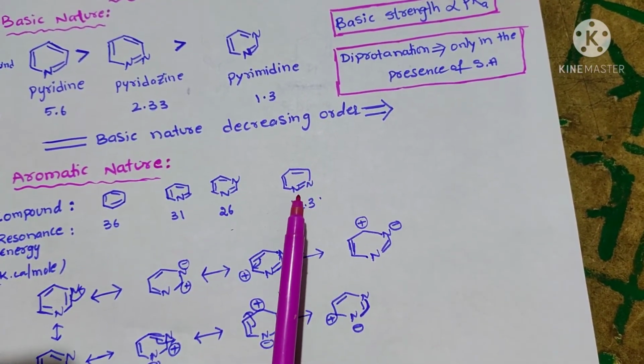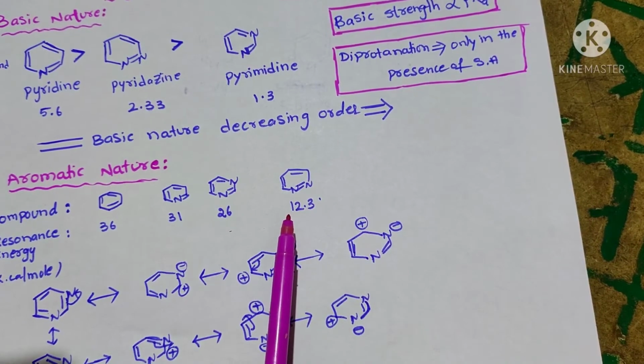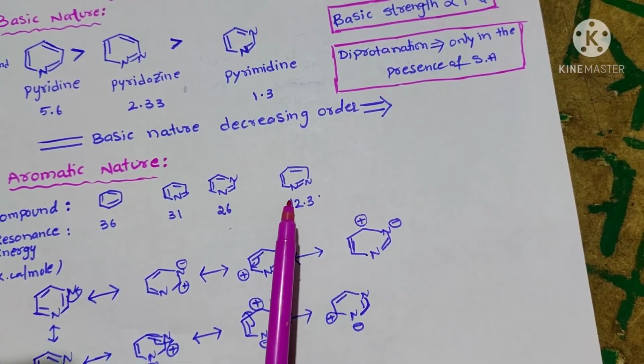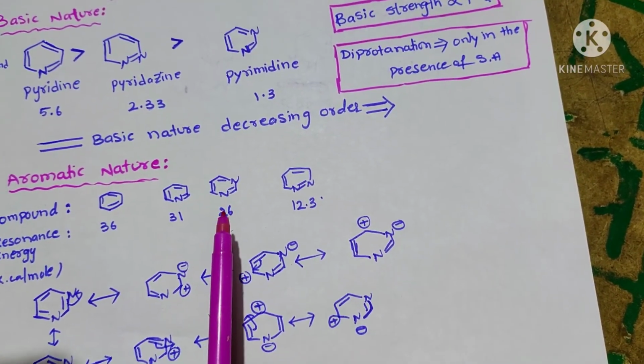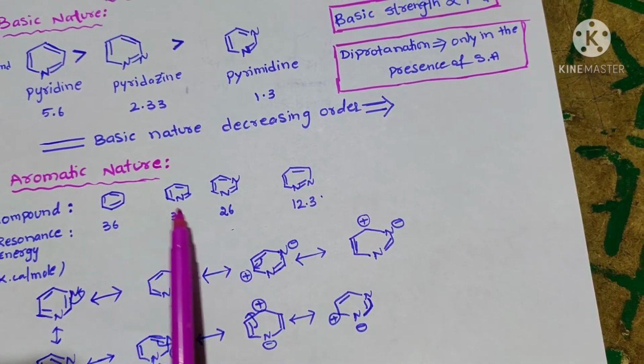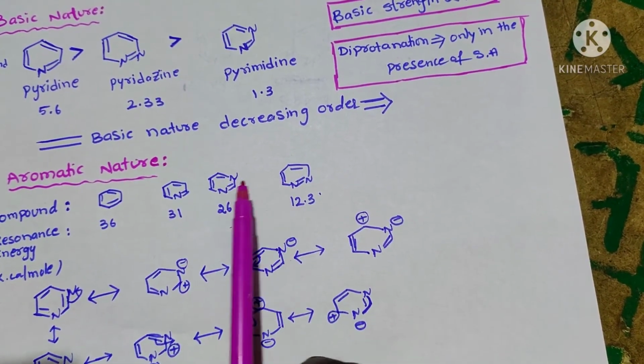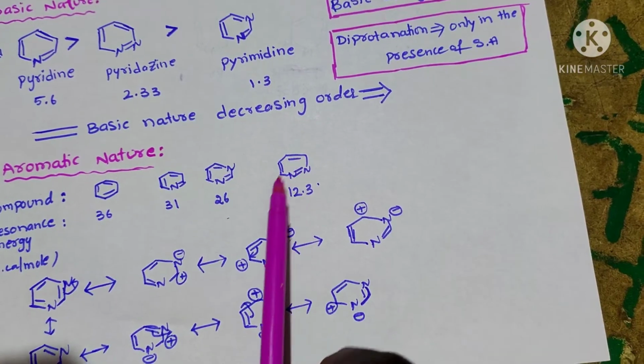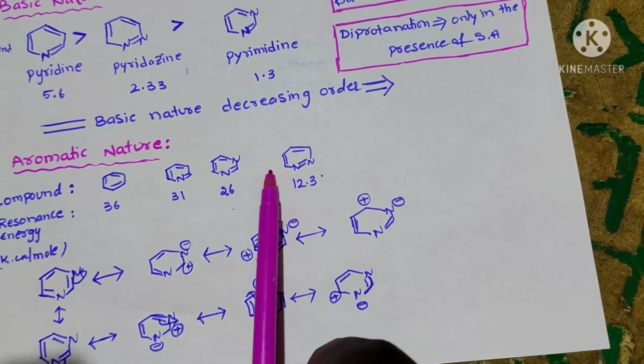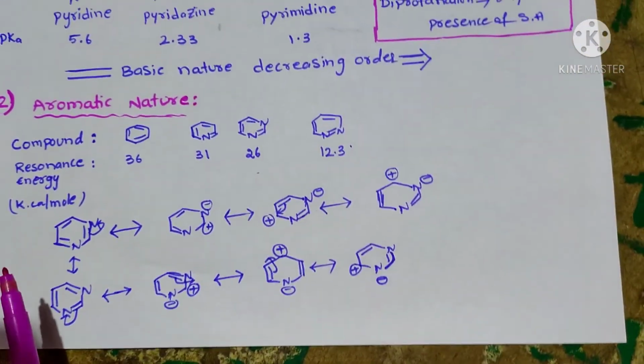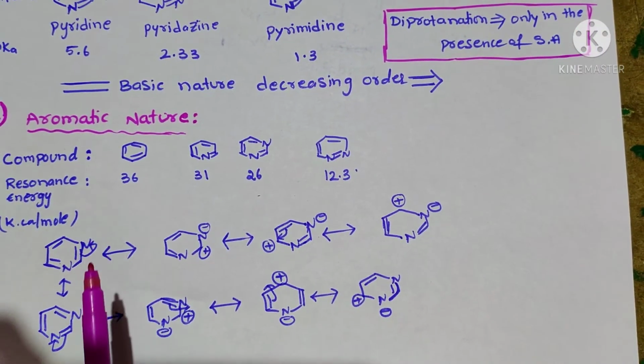And here the pyridazine resonance energy is 12.3 kilocalories per mole. That means pyrimidine is less aromatic than these two compounds, and it is more aromatic than pyridazine.